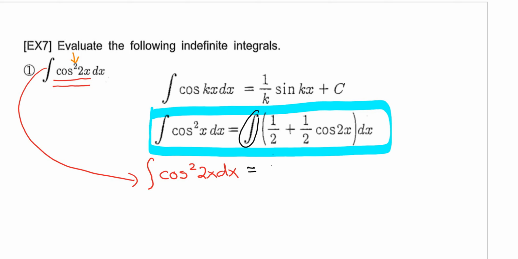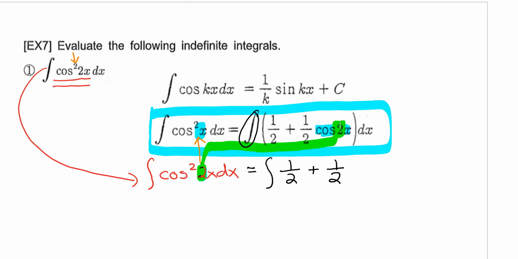We have an integral sign, so that'll be the integral of 1/2 plus 1/2 cos 2x. On my original problem, I have a 2 here, but there's not a 2 in this original identity. So you take this 2 and multiply it with this 2 right there. 2 times 2 is 4, so this will be cos of 4x times dx.